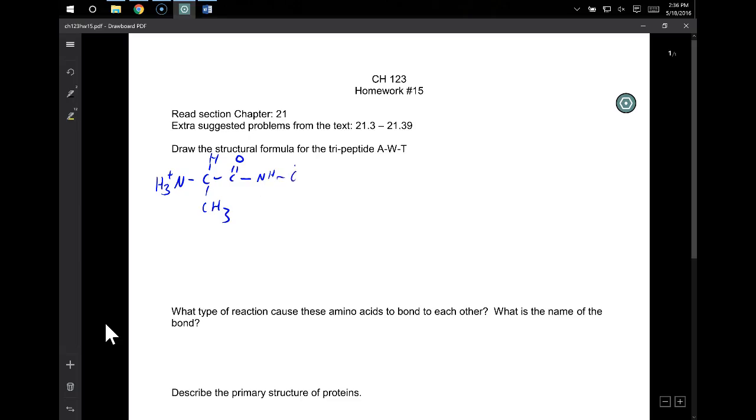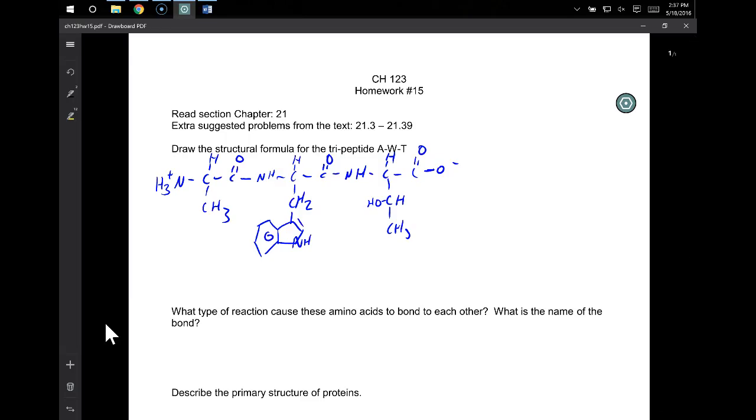Nothing down there. Okay. Are we good with that structure?